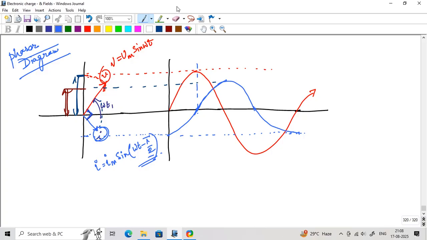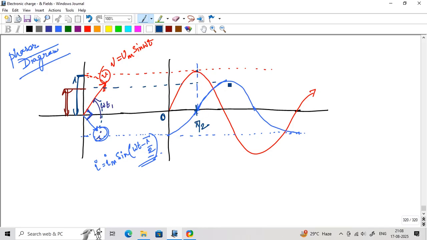Okay. And now we see very carefully, that is 0 degree here, and that is pi by 2, when the voltage at pi by 2 is a maximum but current is 0, going from negative portion.